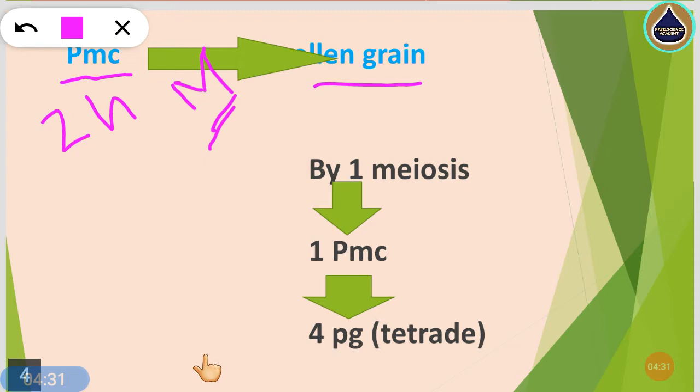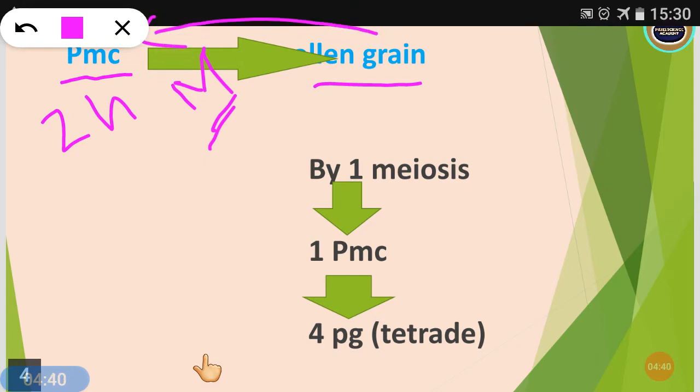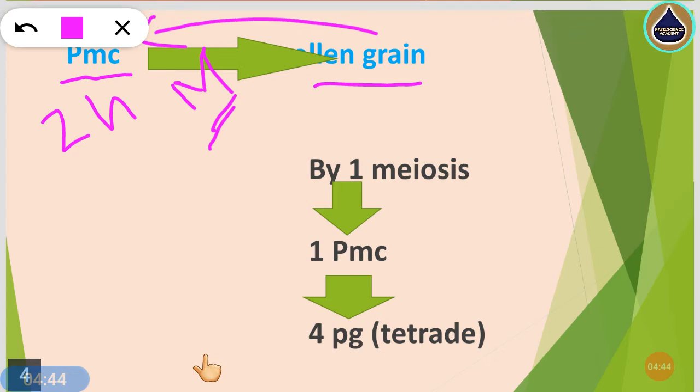I hope you are understanding what a pollen grain is, and male gametes are formed in the pollen grain. The pollen grains are formed by the pollen mother cell by meiosis, which is a reduction cell division.